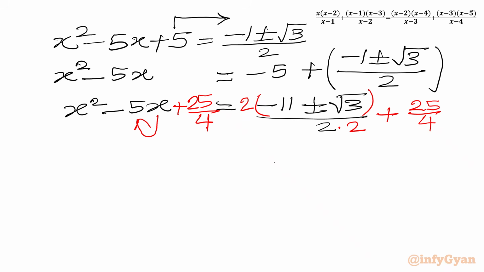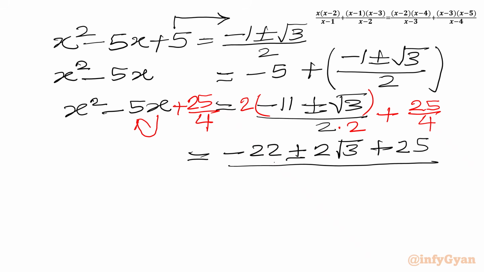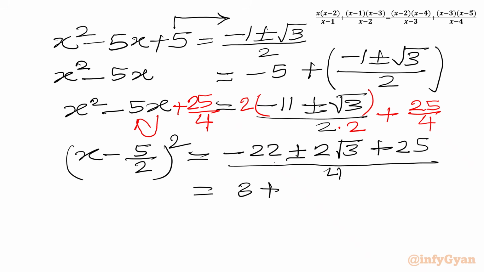Now we have to simplify right hand side first. We will get minus 22 plus minus 2 square root 3 plus 25 in the numerator with denominator 4. And in left hand side, we'll write one perfect square of x minus 5 over 2, which will be equal to 3 plus minus 2 square root 3 over 4.